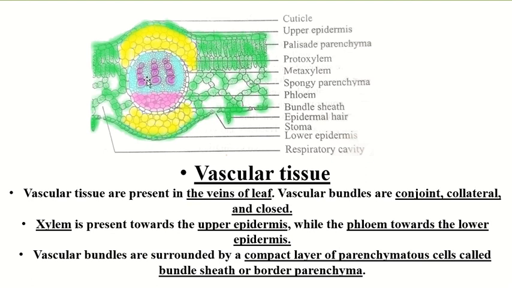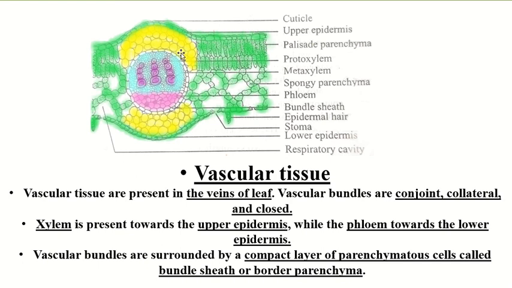Conjoint means xylem and phloem are arranged at the same radius. Collateral means xylem and phloem are arranged in the same radius, but phloem lies a little bit outward when compared to the xylem. Closed means the vascular bundle doesn't contain cambium cells.